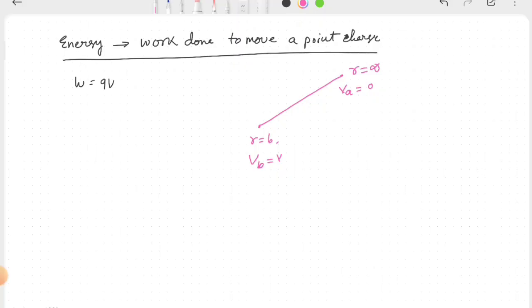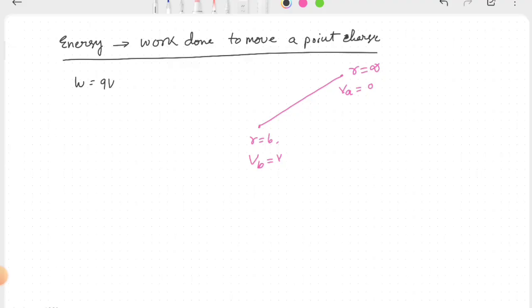So this potential energy is nothing but the work done. You have to remember this.